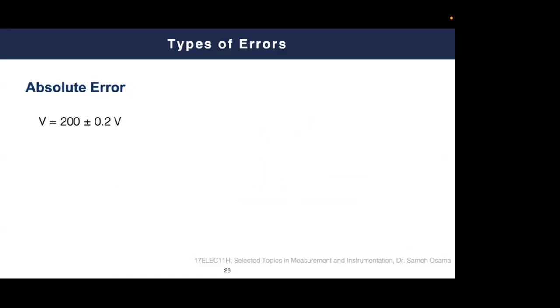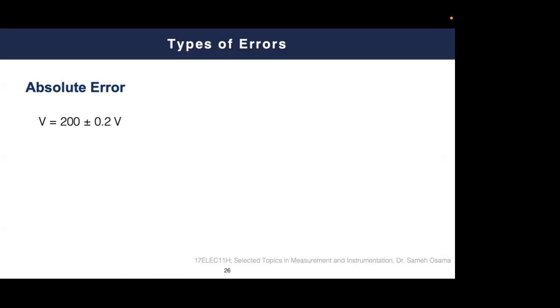Okay. How can we demonstrate error? For example, if I am measuring a voltage, how should I include error in my measurements? Simply, if you are measuring 200 volts using some sort of multimeter, and you are going to measure this 200 volts 100 times, basically, what will happen is that each time you are not going to get exactly 200.